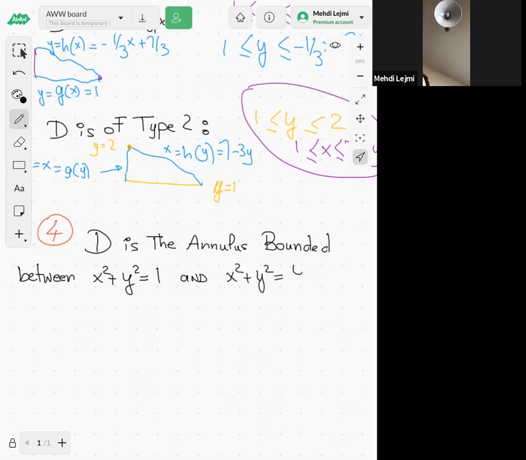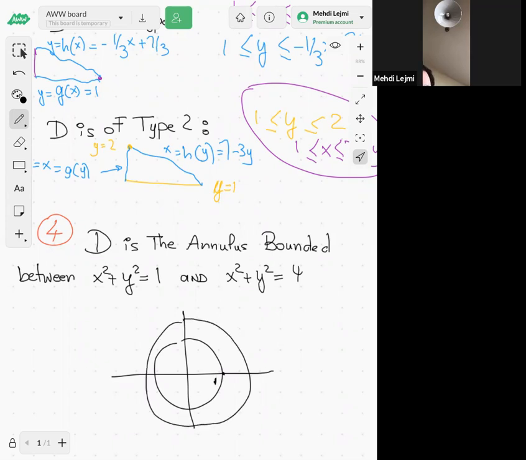All right, so this is a circle of radius 1, and then we have a circle of radius 2. My region D is bounded between these two circles. So my region D is this ring-shaped area, right?